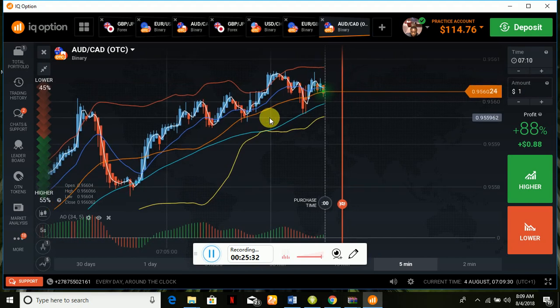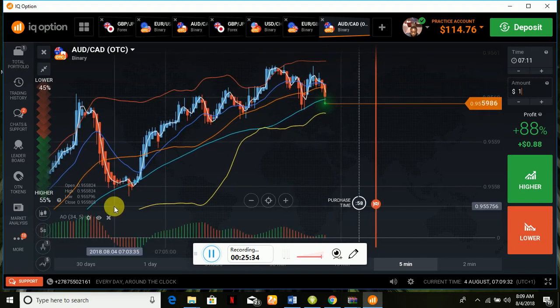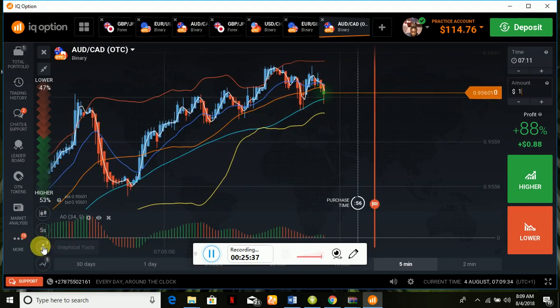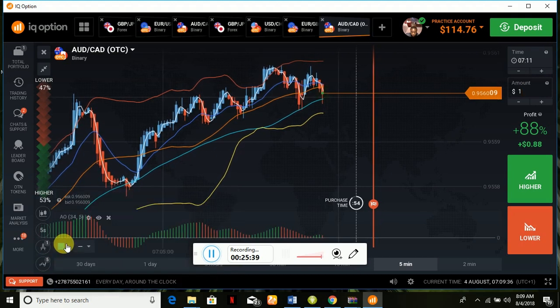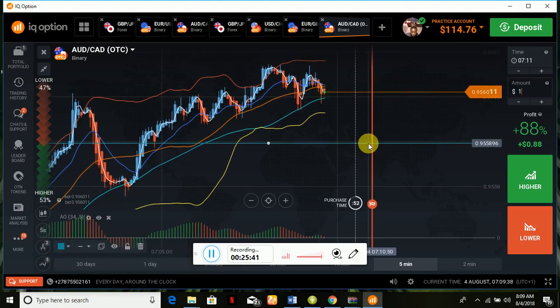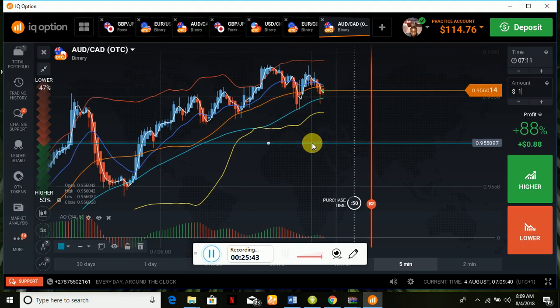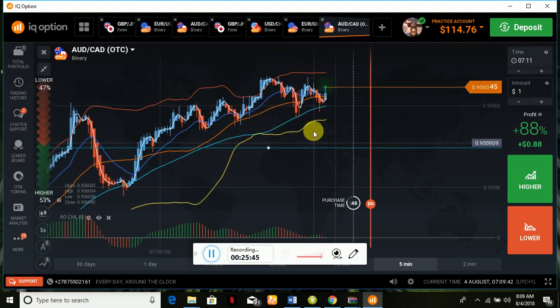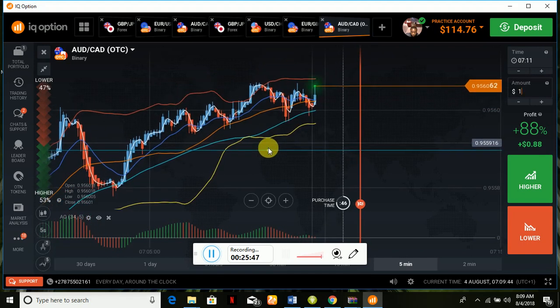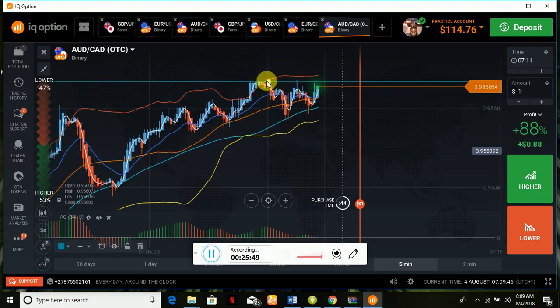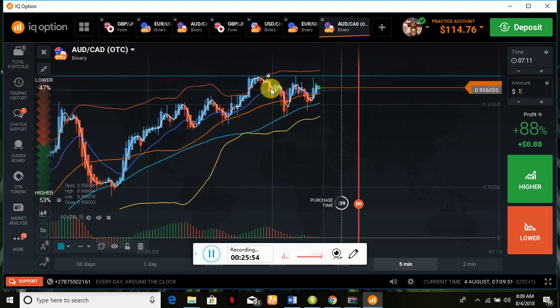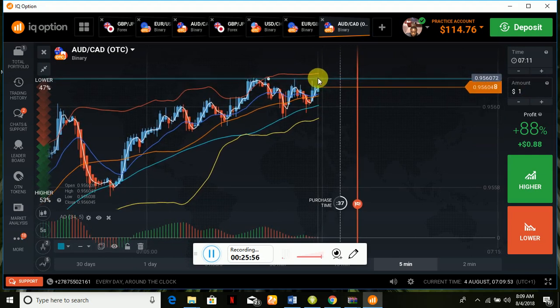Another thing that maybe you can use to guide you is a horizontal line. You can apply a horizontal trend line. Place your line like this and then wait for this thing to break above this line.